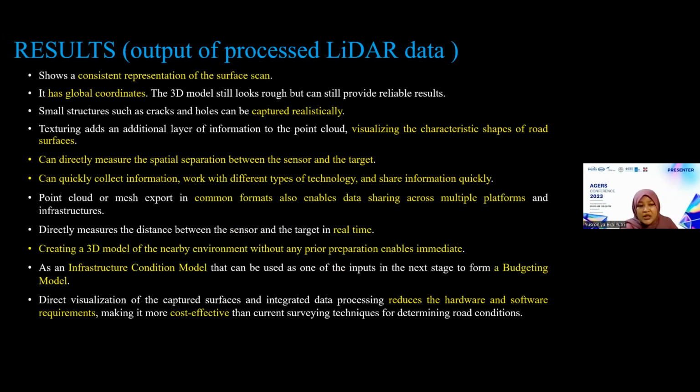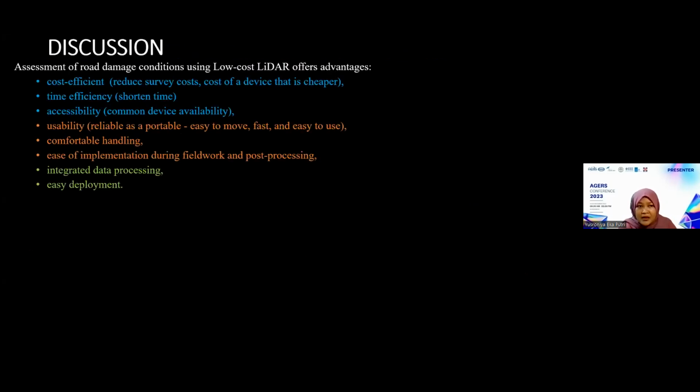We also get a point cloud or mesh export. It is a common format for sharing across multiple platforms, and can create a 3D model. We can also gain the infrastructure condition model to use as an input in the next stage to form a budgeting infrastructure model.